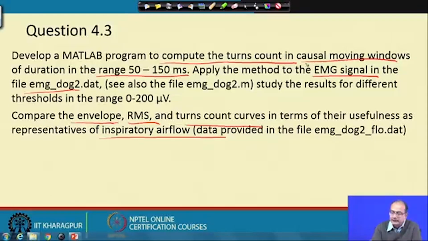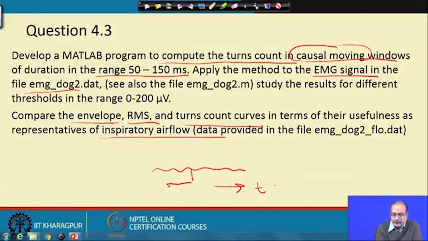And another thing we need to look at is the causal moving window. Causal moving window means if this is the signal and this is the time, and we are looking at a particular instant, our window should cover the present and the past values. If we take a window starting from here to here, we are taking some samples in the future, which makes it non-causal.